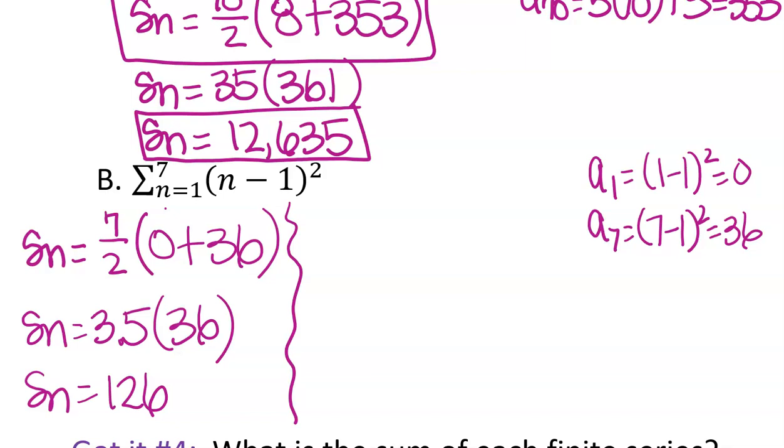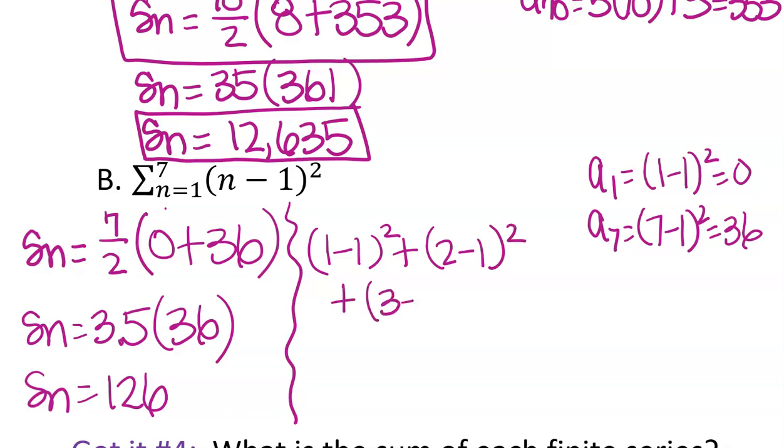Okay, so if I plug a 1 in there, I get 1 minus 1 squared. Then I get 2 minus 1 squared, then I get 3 minus 1 squared, and so on all the way up to 7.